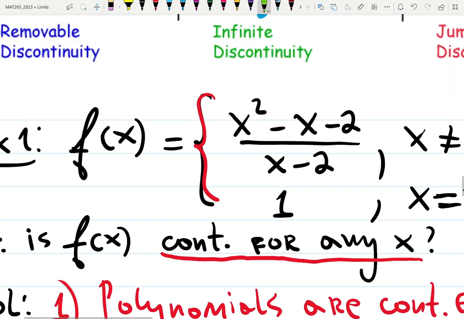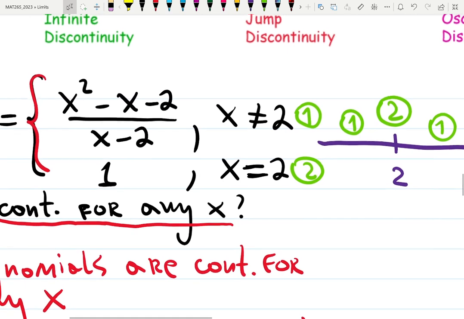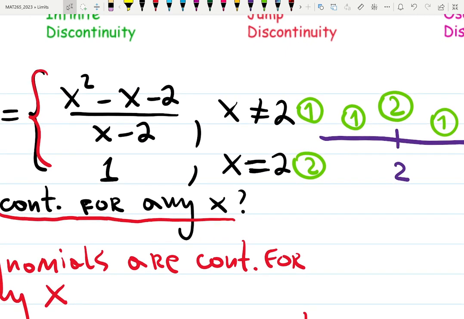Can anyone try to justify it? It's not equal to 2. The first function is not equal to 2, so the whole function does not equal 2. That means everything else is function number 1. But at 2, it's function number 2. Make sense? Yeah. I think some people are nodding. People at the back, are you all doing fine? Okay.